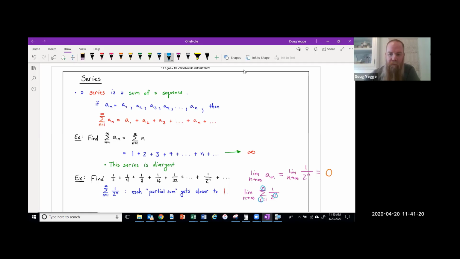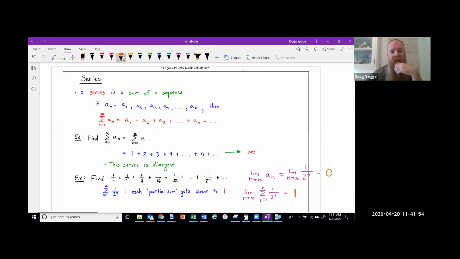So the final term would be 1 over 2 to the n. Now I'm saying, let's take the limit as this n value goes to infinity, forcing the upper limit to go to infinity. So I had to change the variable inside of this sequence. But either way, it turns out that this limit of the sum, and we can see why in a few minutes, turns out to be 1.